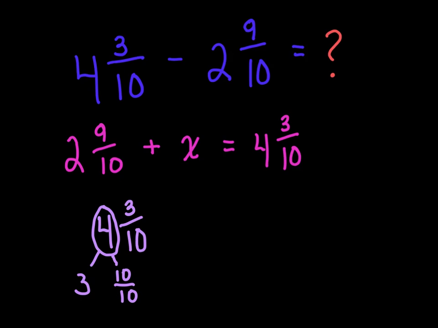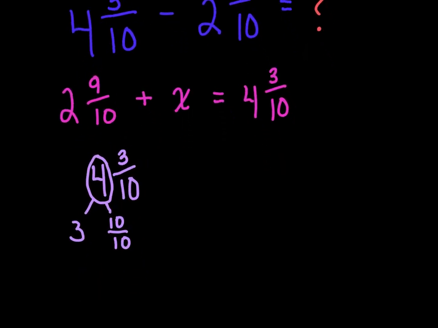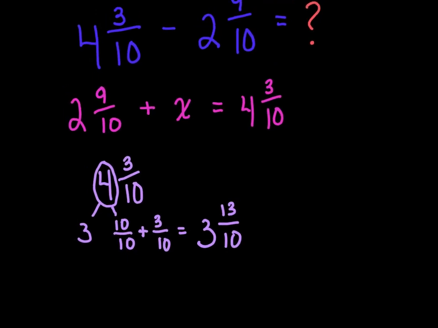And then we need to make sure that we add on our extra 3/10, to now we get 3 and 13/10. Now we're able to subtract it with 2 and 9/10.